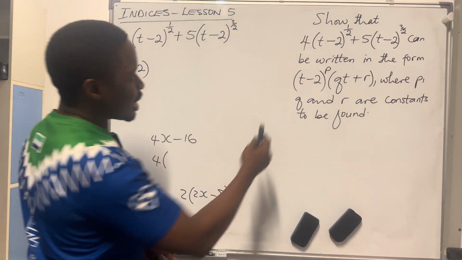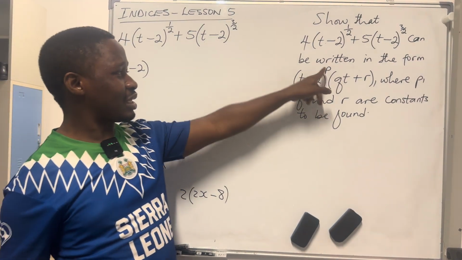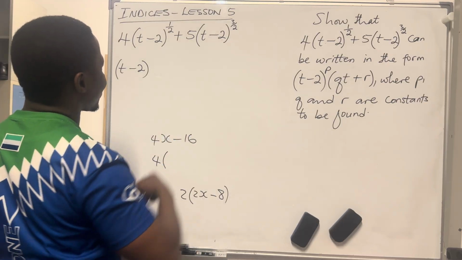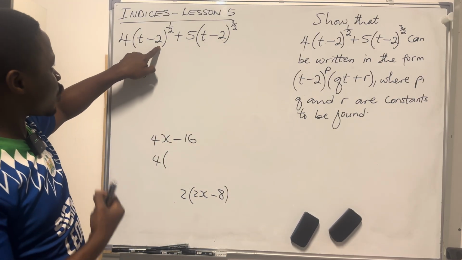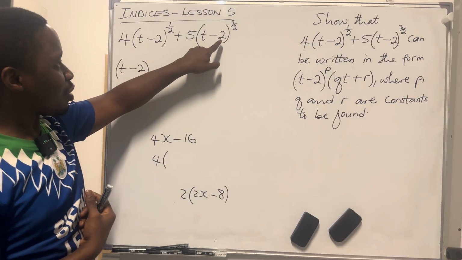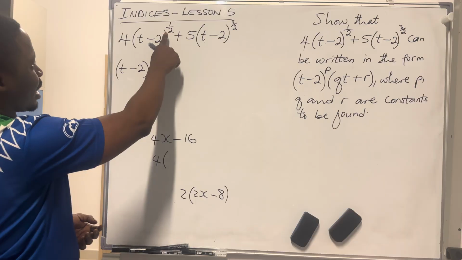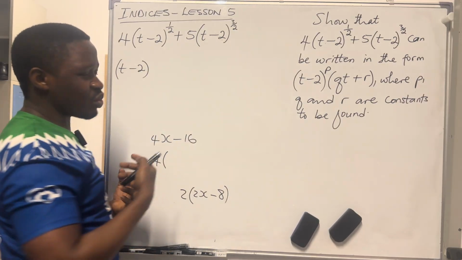But the thing is, they write something here. I know it could be 1, but the fact that they write something, let us not risk leaving it like this. So we need to consider which one is common: the T minus 2 with the half and the T minus 2 with the 3 upon 2. First of all, which one is bigger? Half is 0.5. 3 upon 2 is 1.5.